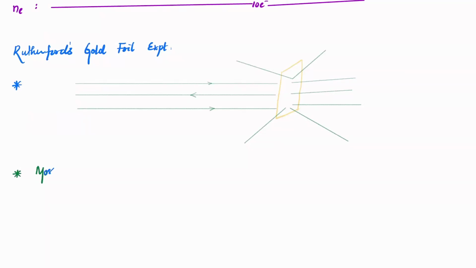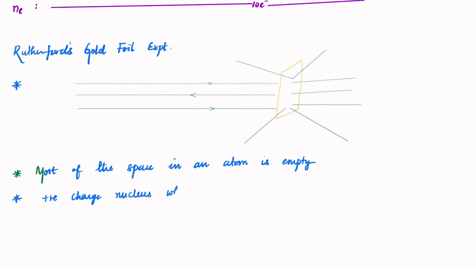Most of the space in an atom is empty, and the deflection is because of the positively charged nucleus, which has most of the mass of the atom.